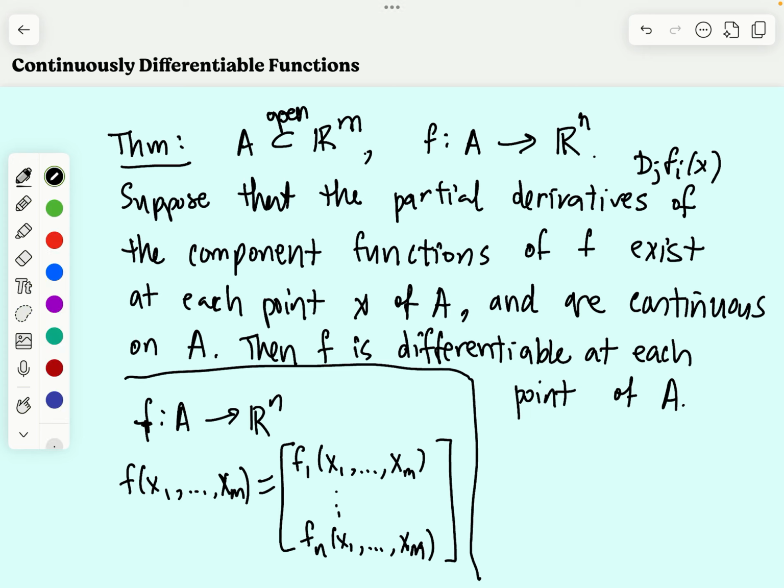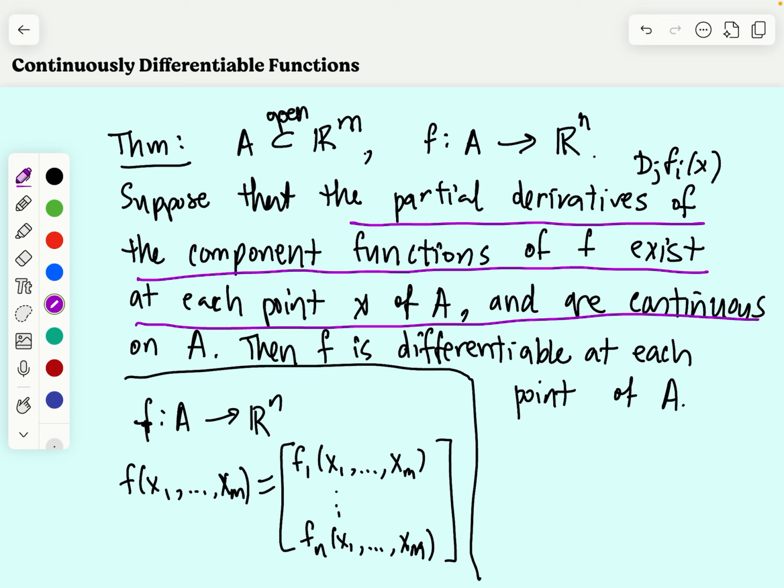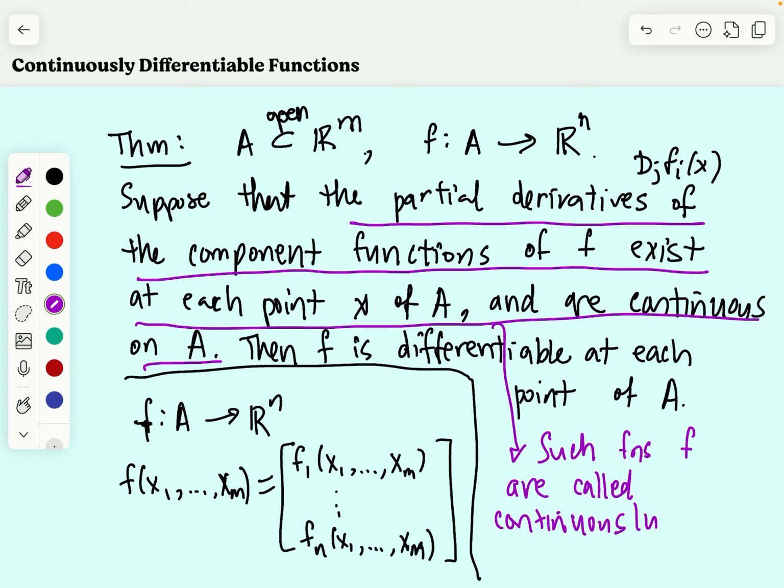And a function that satisfies the conditions of the theorem, so this is a function where the partial derivatives of the component functions of f exist and are continuous on A, such functions f are called continuously differentiable, or C1.